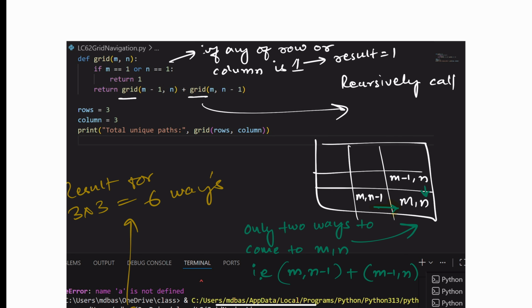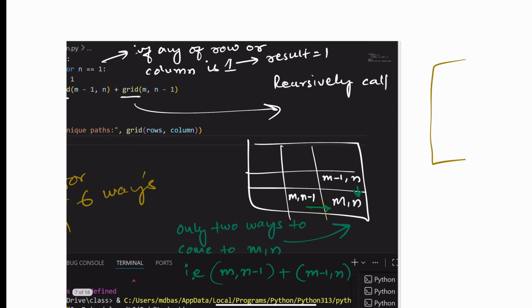That's the reason we are recursively calling two times with parameter m-1. This is the coordination because the row is -1, column remains same, and from the left side row remains same, column becomes -1.